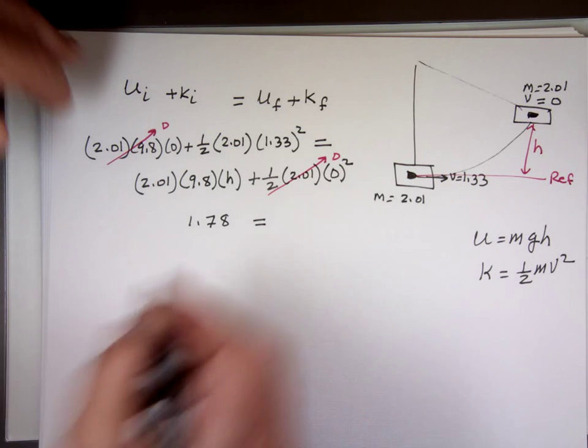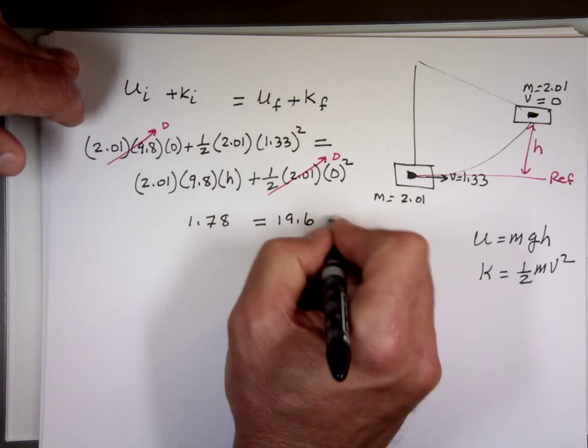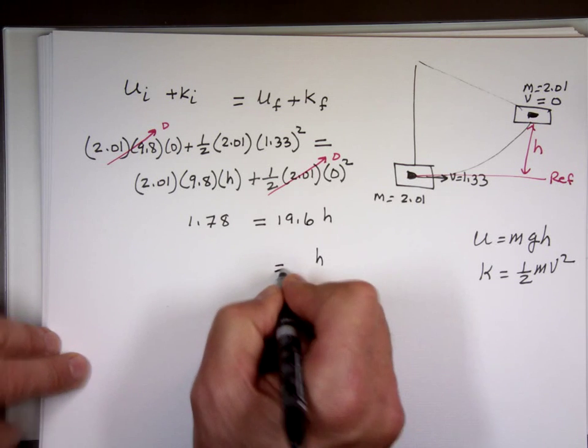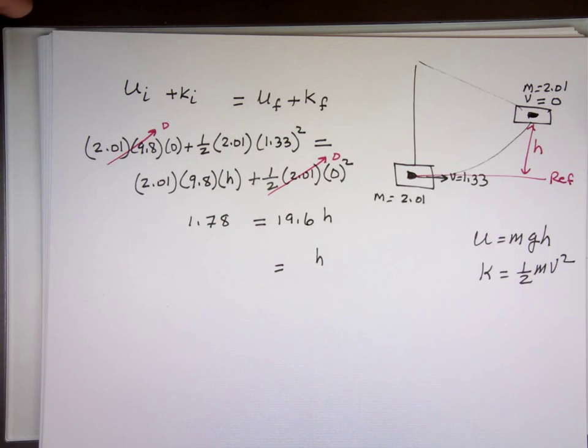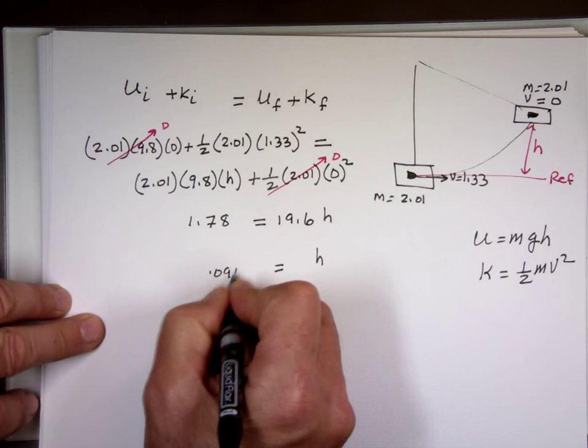19.7 times h. Can we solve for h here? 1.78 divided by 19.6 is 0.09 meters, which is 9 centimeters.